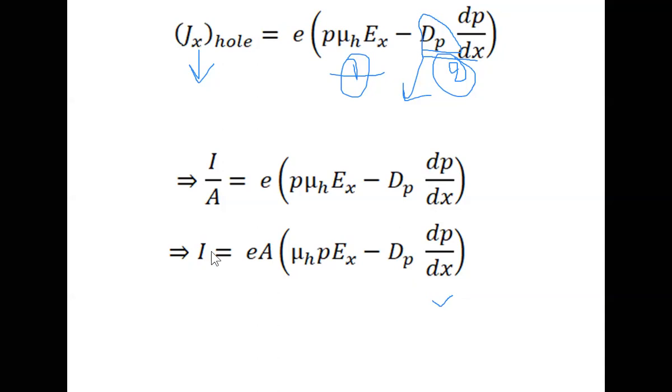Now what we need in equation number 2 is di by dx, but from this transport mechanism for holes we got the expression for I only. So if we want to get di by dx, we need to differentiate this equation with respect to x.